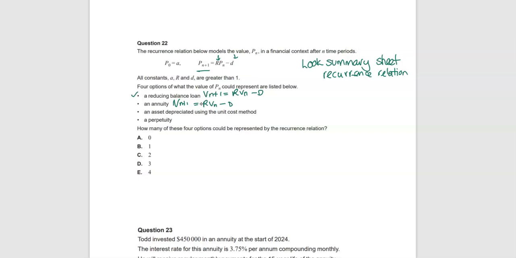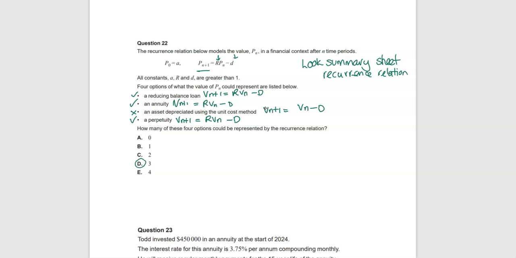If you look at the recurrence relation for unit cost, it says Vn+1 equals Vn minus D. So that does not look like the pattern up there, so it can't be that one. And if you look at a perpetuity, its Vn+1 rule has a basic setup like this. So yep, it could be that one too. So there you go. How many? It's 3. So just look for that.